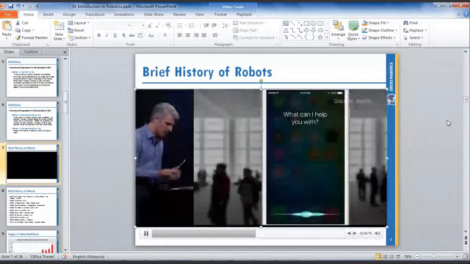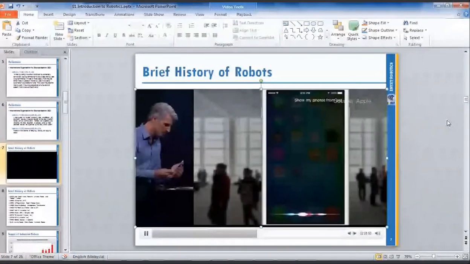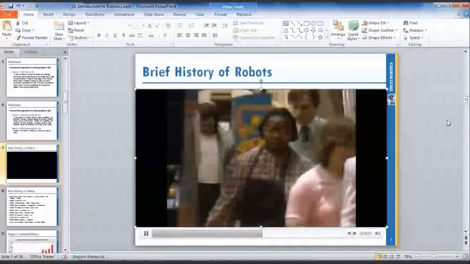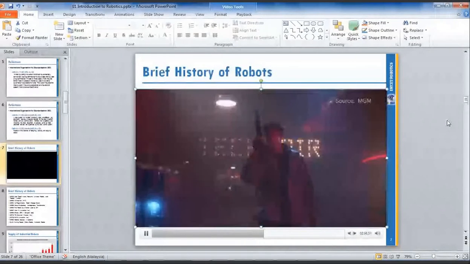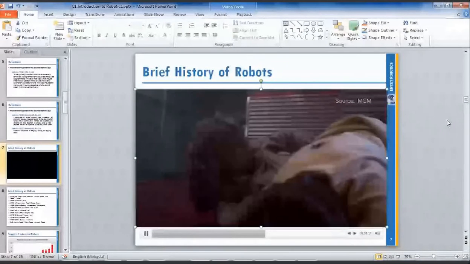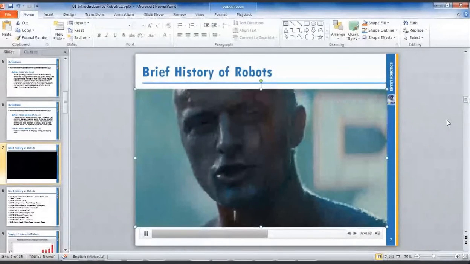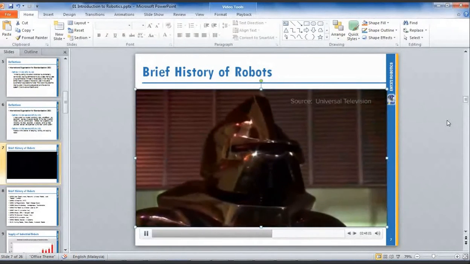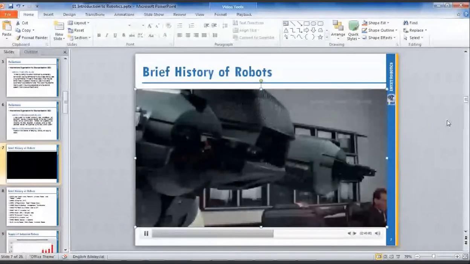Show my photos from last June in San Francisco. Oh yeah, but in the 70s and 80s, as the recession set in and factory automation meant fewer jobs for low-skilled workers, the popular representation of robots turned bleak. Dystopian visions of a future where robots were our enemy and not our friends became common.